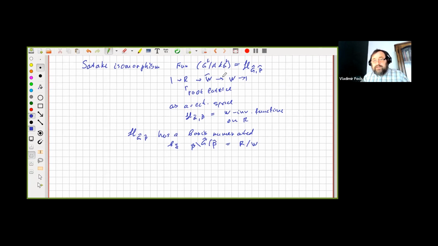And well, you all know that the space of functions on GL over GL has a basis given by the same set, enumerated by highest weights, so also by R over W. So you have bases enumerated by the same numbers, and the claim is that this isomorphism is an isomorphism of algebras.